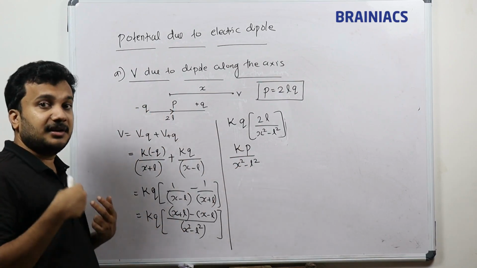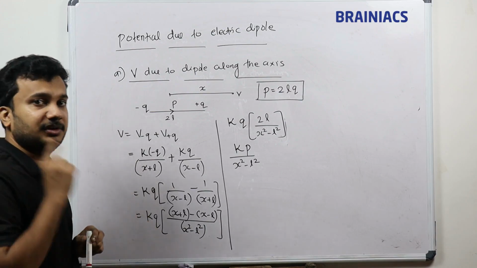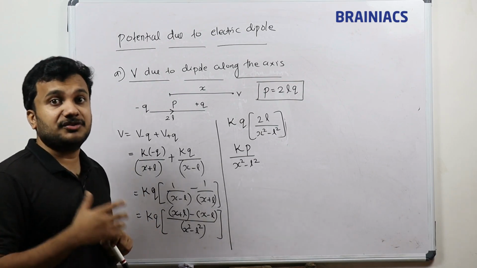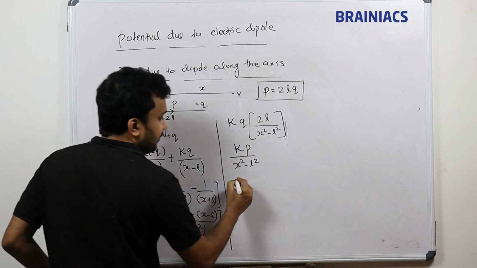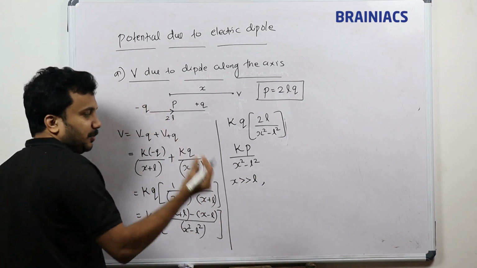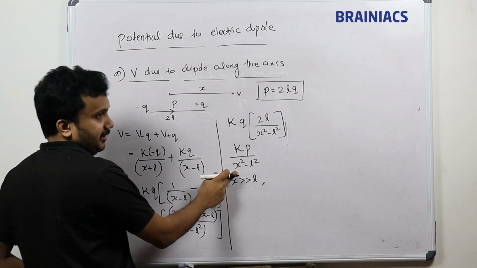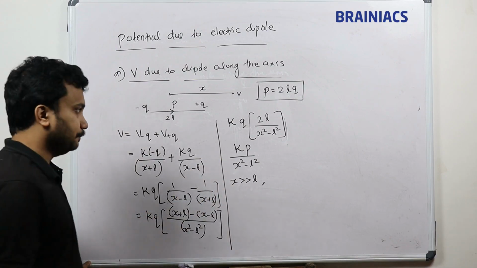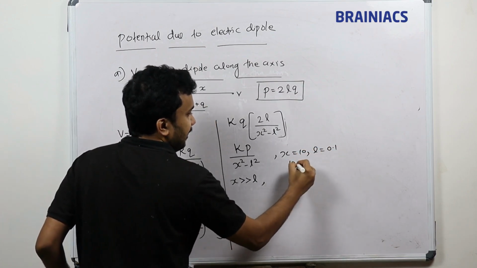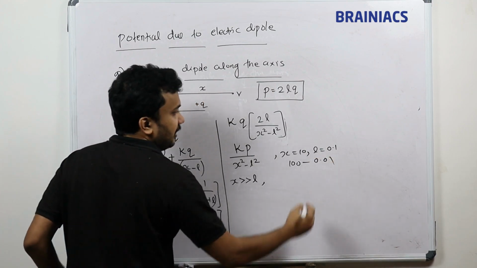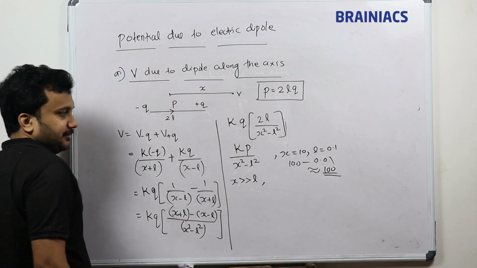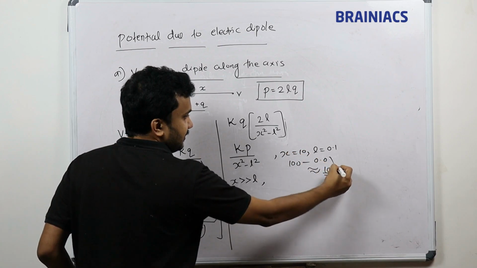If you are taking the square of a small number, for example 0.1, then 0.1 squared means 0.01, which is very less. So x is much greater than L, and L can be neglected. If you assume x is equal to 10 and L is equal to 0.1, then x square means 100 minus 0.01, which is approximately equal to 100 itself, which means x square itself.